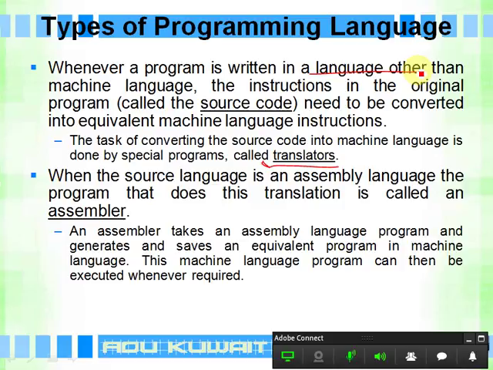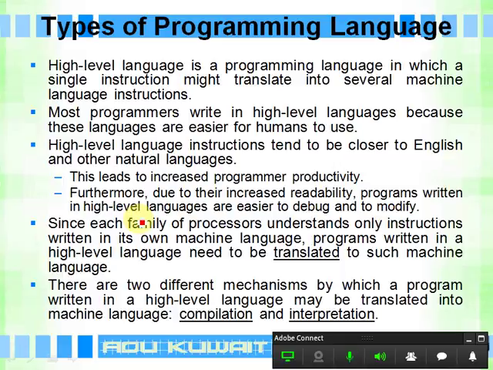This task of converting the source code into machine language is called translation. When the source language is an assembly language, the program that does the translation is called an assembler. So an assembler is a program which takes the assembly language program, that source code, and translates it into machine language.